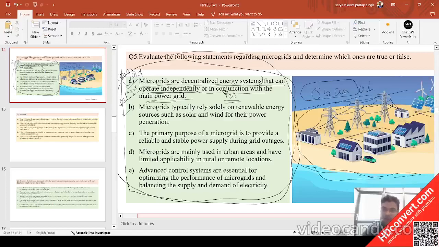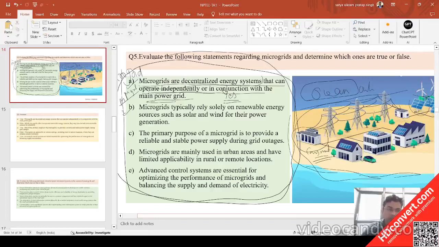So it can be connected to a central grid, but it can operate independently also by generating power from this wind, this solar, and transferring that power with this transmission line to the remotely located consumers. Okay, so it can operate independently, and it is a decentralized energy system.